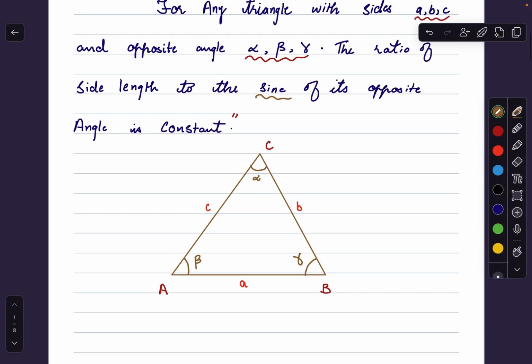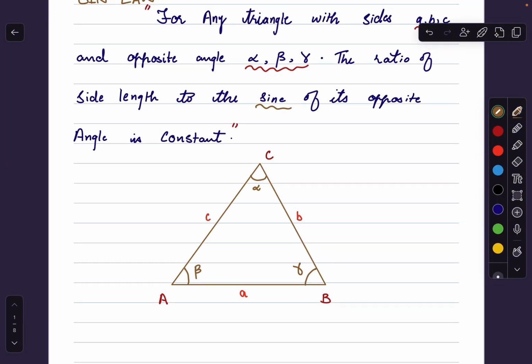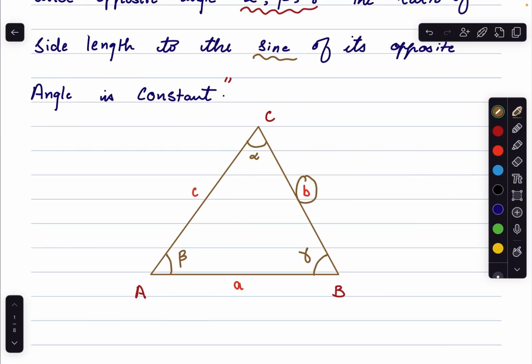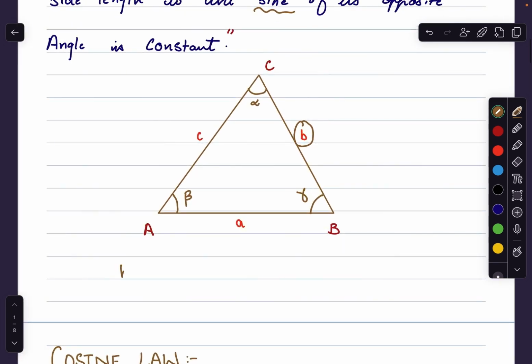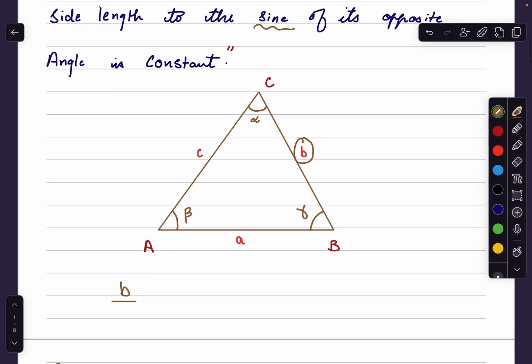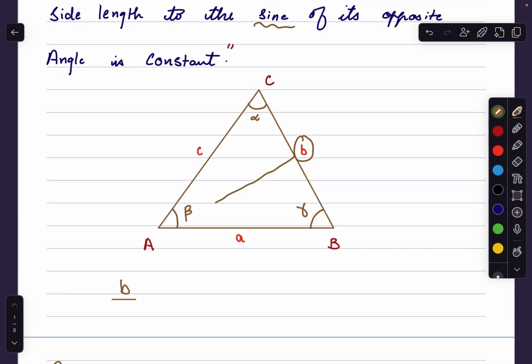Now the sine law states the ratio of the side length. Starting with b, we'll write it down here: b divided by the sine of the opposite angle, which is beta. So b over sine of angle beta.